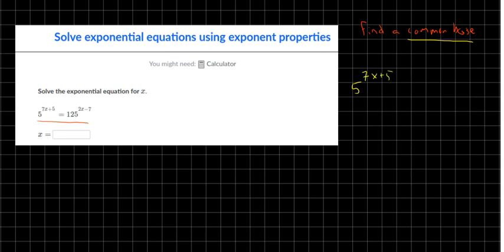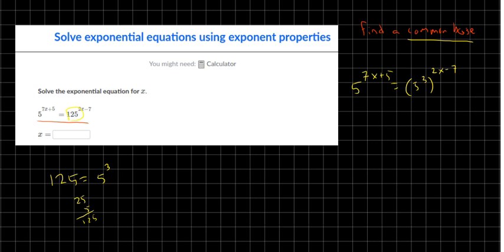But my second base, 125, is equal to 5 to the third power. 5 times 5 is 25 times 5 is 125. So 5 to the third is equal to 125. So when I see 125 here, I'm going to write 5 to the third instead, and now I have a common base to the 2x minus 7 power.